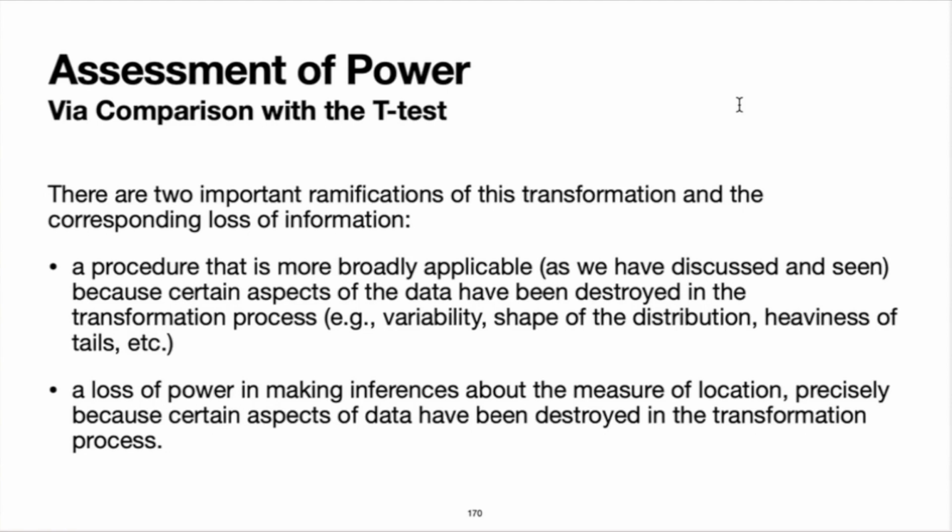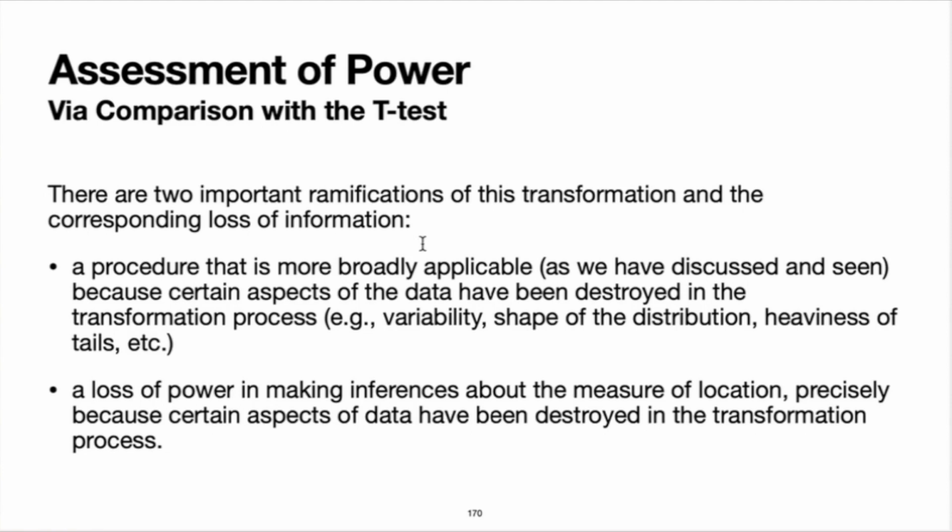So we've transformed the data and come up with a procedure that is much more broadly applicable. But there's also a loss of power in making inferences about the measure of location, the mean or the median, precisely because certain aspects of the data have been destroyed in that transformation process. So those are the two really important ramifications to keep in mind.